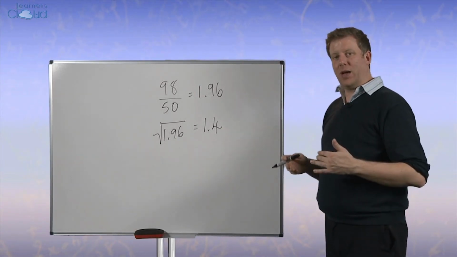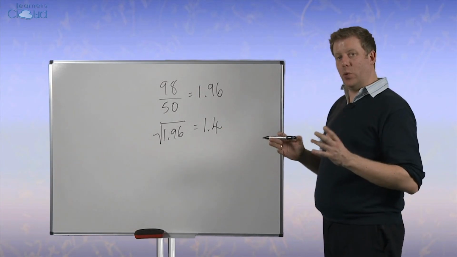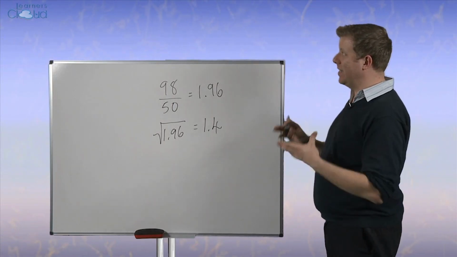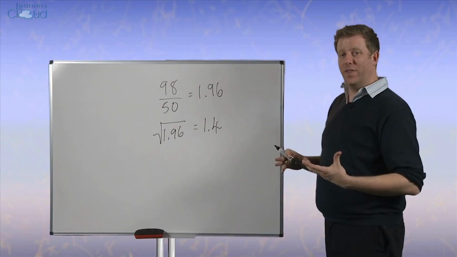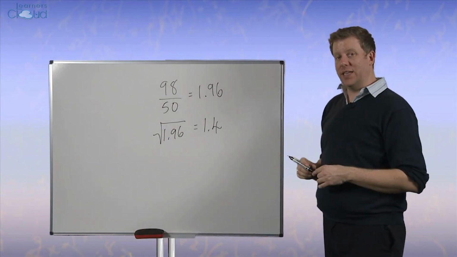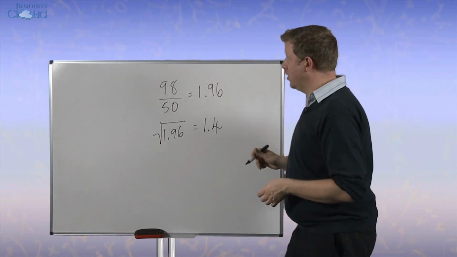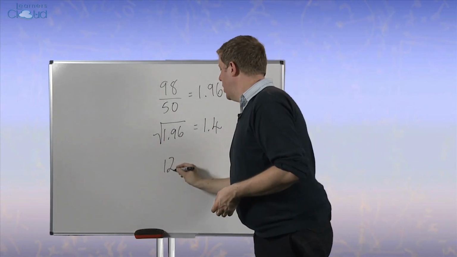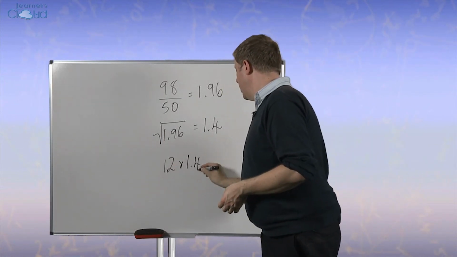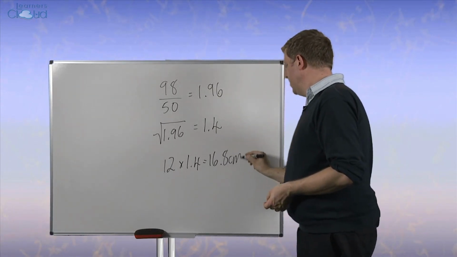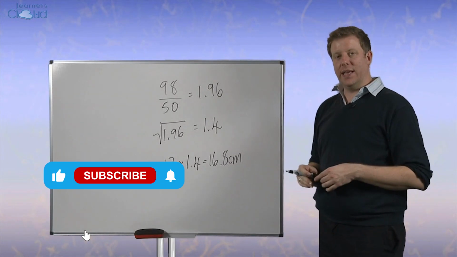So by working backwards from knowing that relationship between the areas of similar shapes, I've managed to work out that cylinder B is 1.4 times bigger than cylinder A. And now to work out the height of B, all I need to do is 12 multiplied by 1.4, and it tells me that the height of cylinder B is 16.8 centimetres.